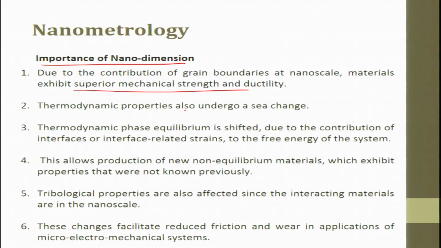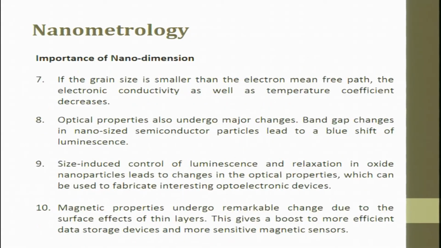Thermodynamic properties also undergo a sea change, melting points go down, thermodynamic phase equilibrium is shifted. This allows production of new non-equilibrium materials. Tribological properties are affected since the interaction of materials is at nanoscale. These changes facilitate reduced friction and wear in application of microelectromechanical systems, otherwise called MEMS. So, this is the importance of nano dimensions.